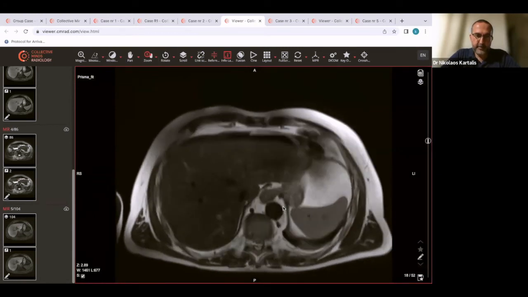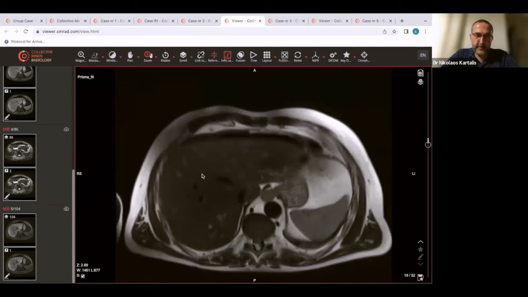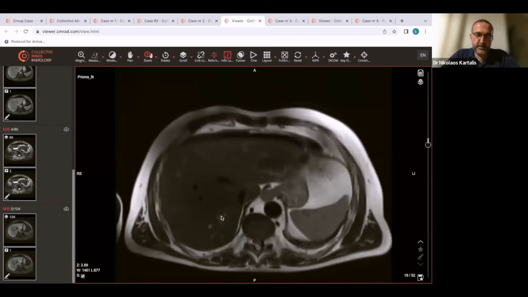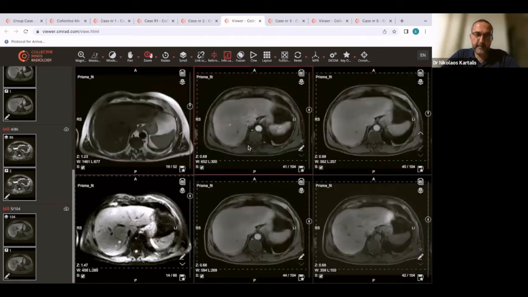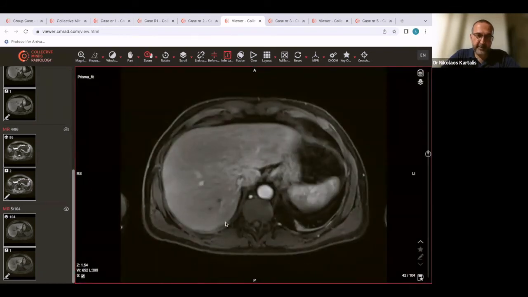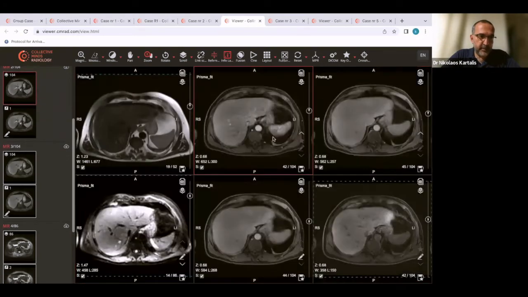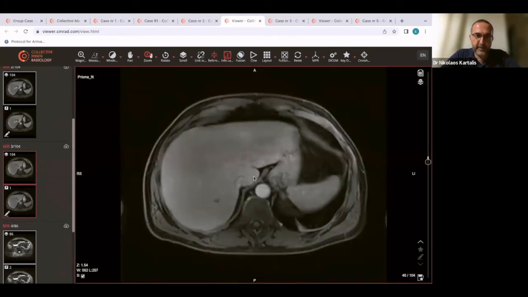So we have on 3T, 2 slightly hyperintense lesions in segment 7. This is the late arterial phase. Unfortunately, I still can't find the portal venous phase. It's somewhere gone. But anyhow, we have this one. This is the 3-minute phase.